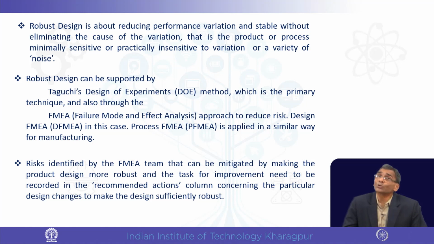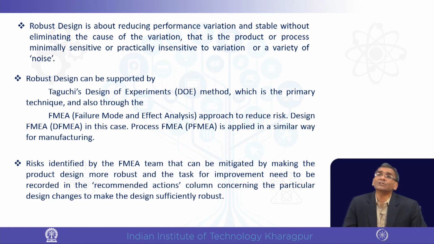Risk is also taken into consideration through this FMEA, as the FMEA team normally comprises various involved stakeholders like design representatives from manufacturing, from quality, from costing, etc. They can mitigate the risk by making the product design more robust, and the tasks for improvement need to be recorded.